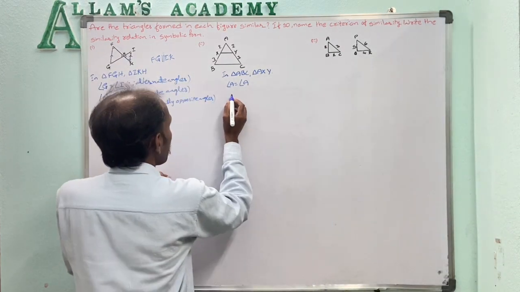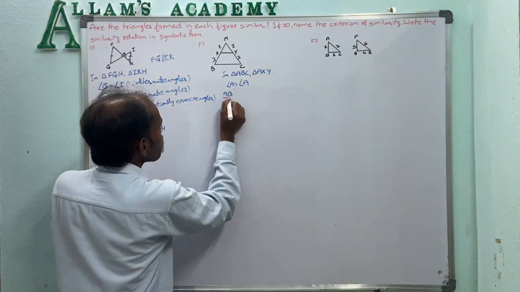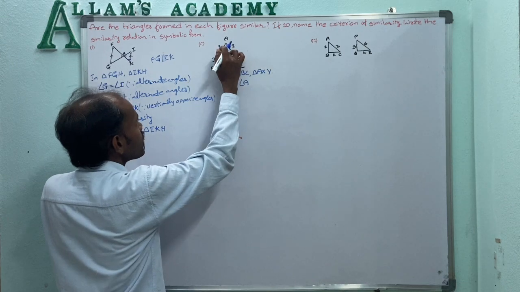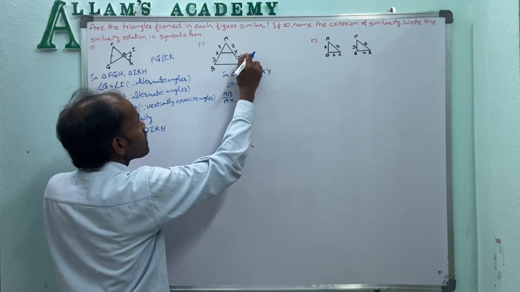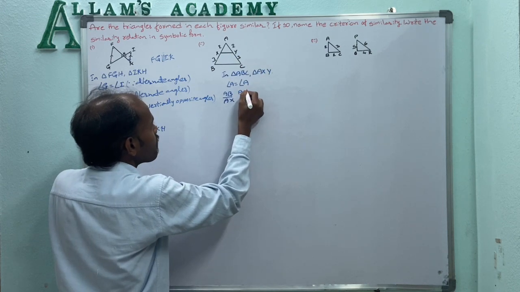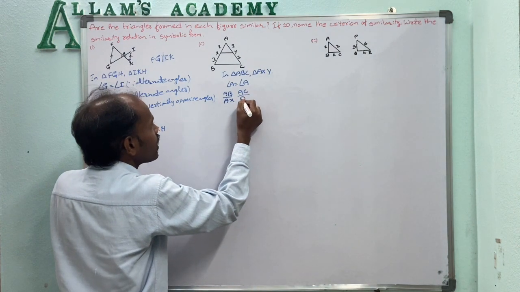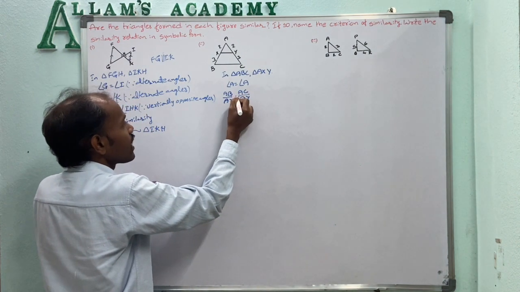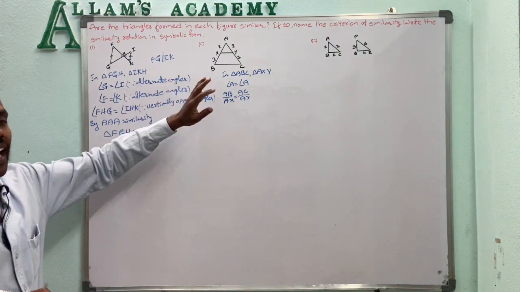If side AB is taken, its corresponding side is AX. If side AC is taken, its corresponding side is AY. If the ratios of both these sides are equal, then the two triangles are similar.